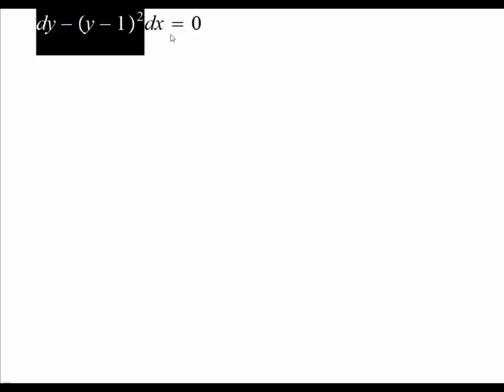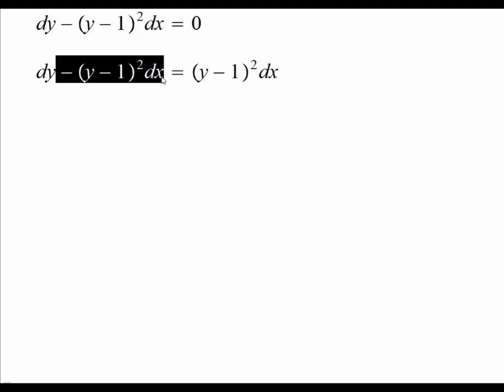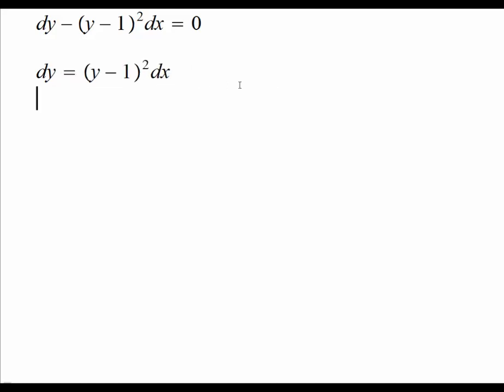So we would go ahead and move this part to the right, changing sign. Now we bring y minus 1 squared below dy, and then we have dx.